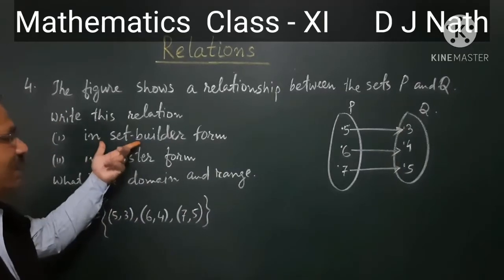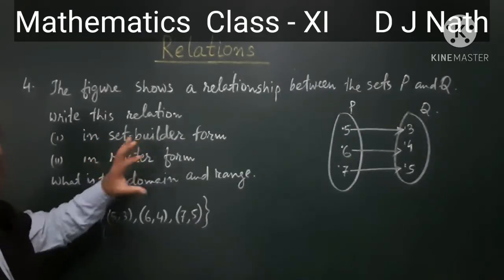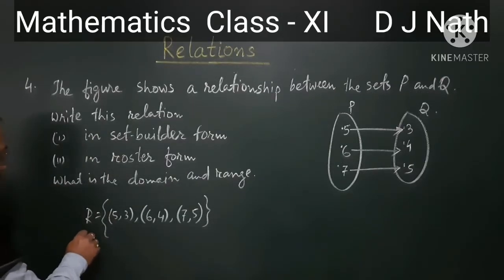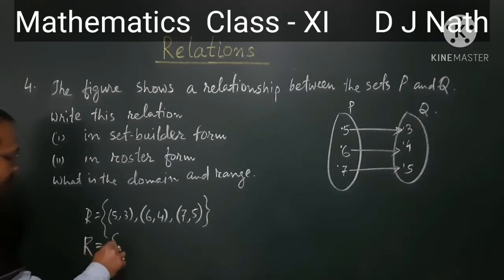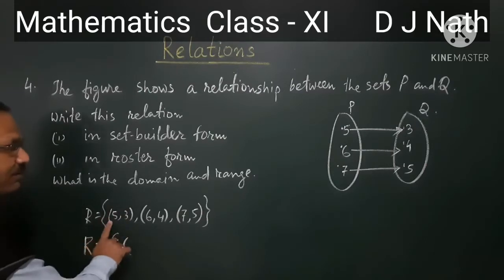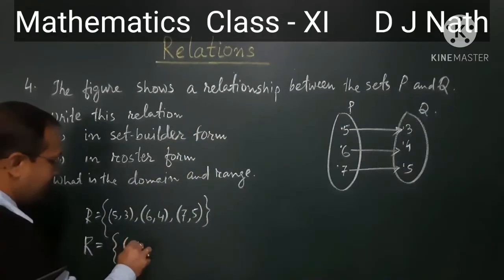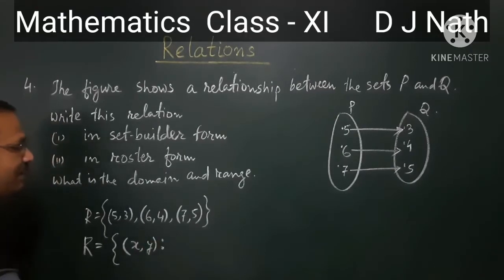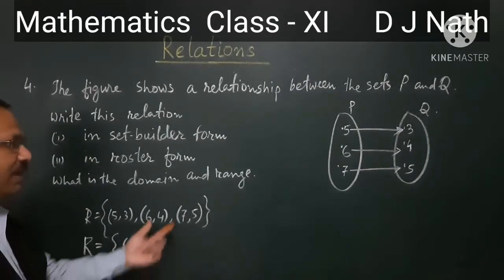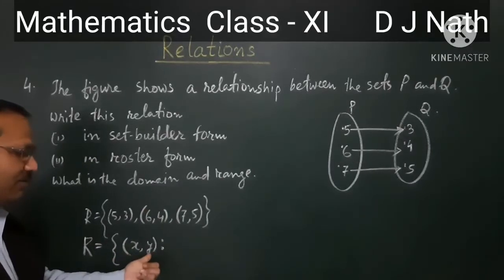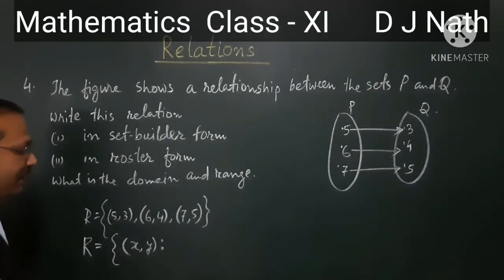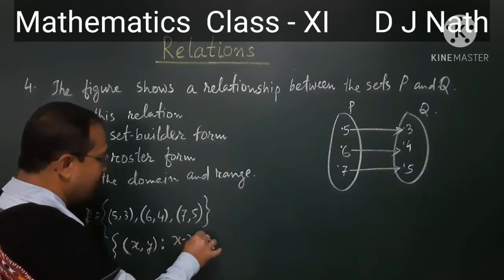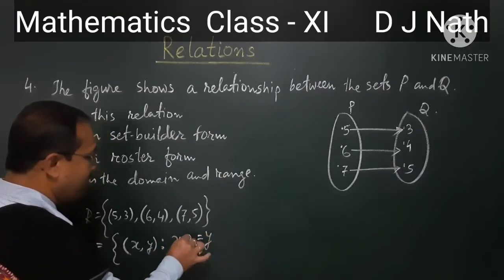Now we have to define it in set builder form. Set builder form means by using x, y. So how can we define it? The first element is x and this is y, such that y is 2 less than x. That means we can write x minus 2 is equal to y.